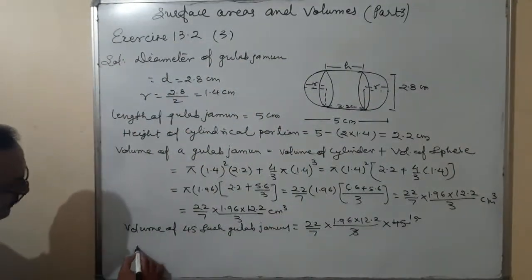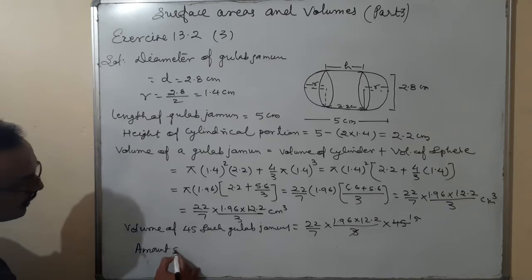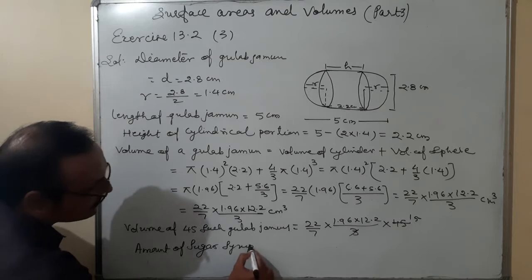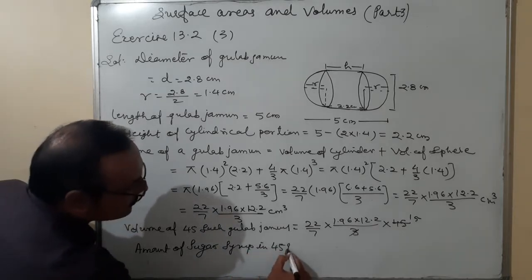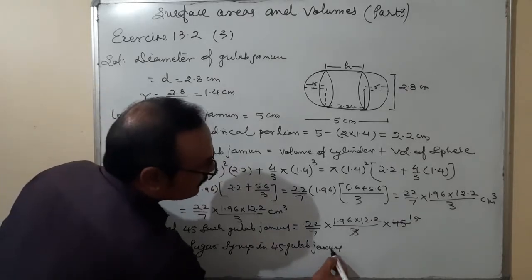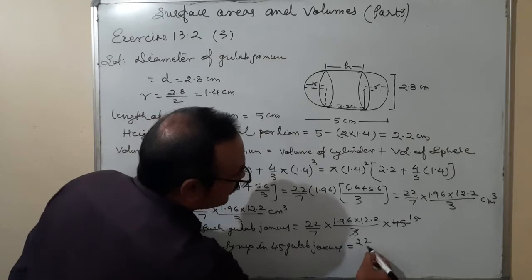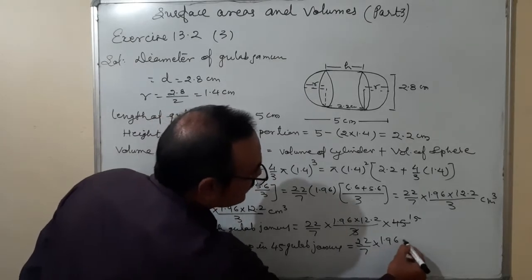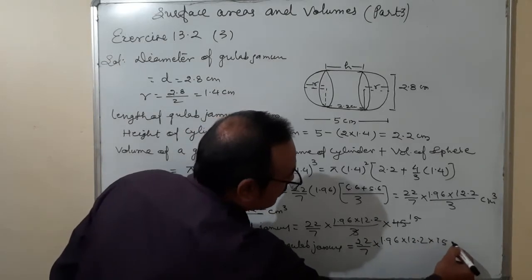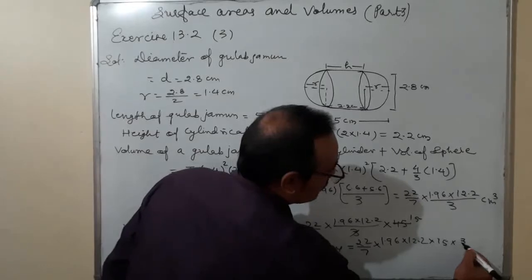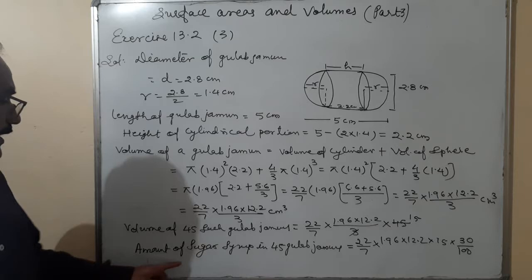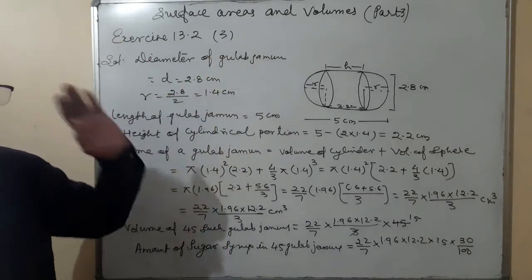So the amount of sugar syrup in 45 gulab jamuns is 22 upon 7 into 1.96 into 12.2 multiplied by 15 multiplied by 30%, that means 30 upon 100, because 30% sugar syrup is required for each.